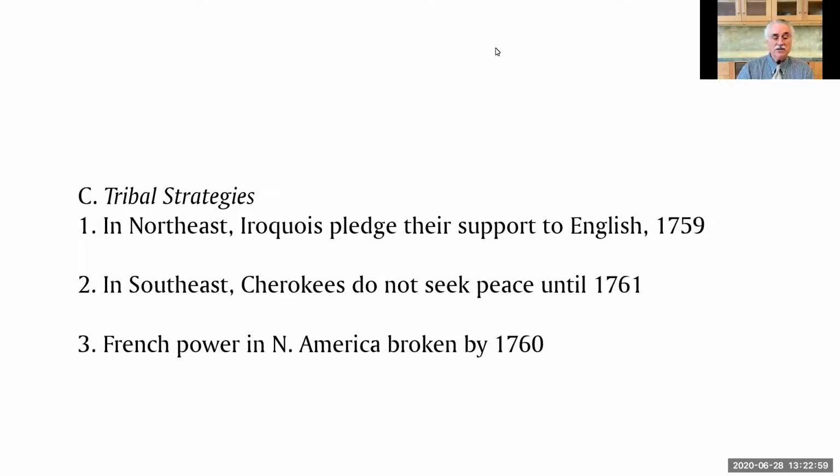But in effect, French power in North America was effectively broken by 1760 after the Battle of Montreal. Now, fighting continued in the Caribbean and in Europe for a few more years, so a peace treaty wasn't signed until 1763.